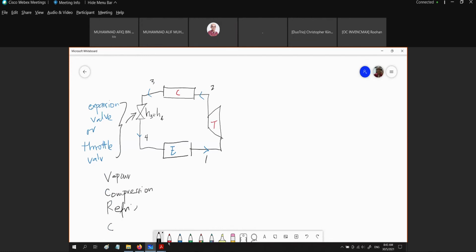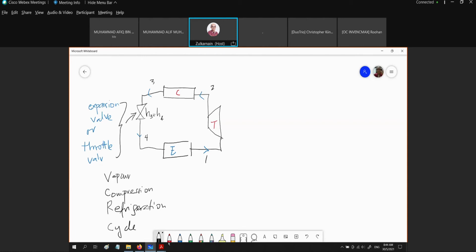This is the type of system which is normally used right now. Nowadays, if we look at the refrigerator in our house, the domestic type of refrigerator, it is all based on this vapor compression refrigeration cycle.